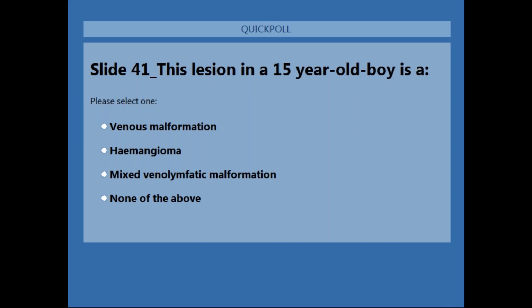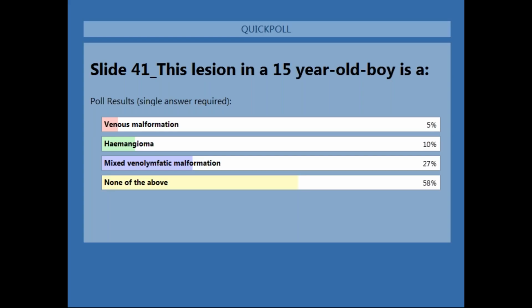I hope everybody voted. 69% has voted up to now. Okay, so 4 options. Just a little bit more. 75% has voted. So, all right.